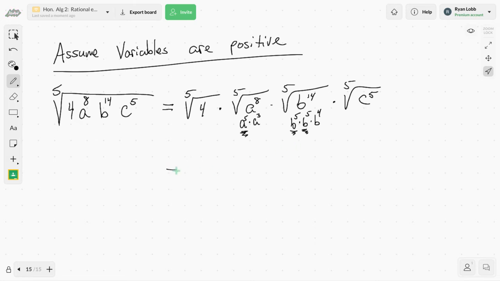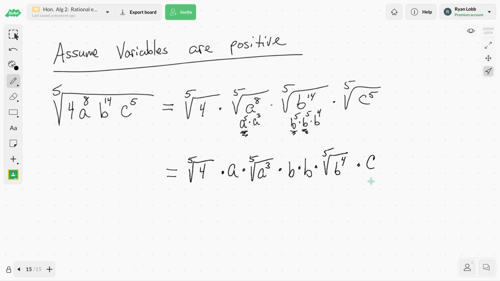So now when I simplify this, I have the fifth root of 4. I got the fifth root of a to the 5th, so times a, and then what do I have left? A fifth root of a cubed. Then here I have times the fifth root of b to the 5th times another fifth root of b to the 5th times a fifth root of b to the 4th, and then times the fifth root of c to the 5th, which is just c.